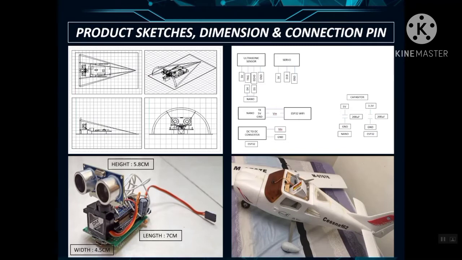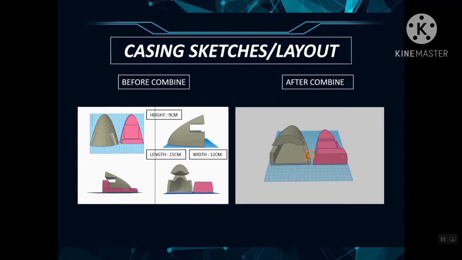Next is our device: height 5.8 cm, width 4.5 cm, length 7 cm. And that is our RC airplane that we bought from the RC shop.